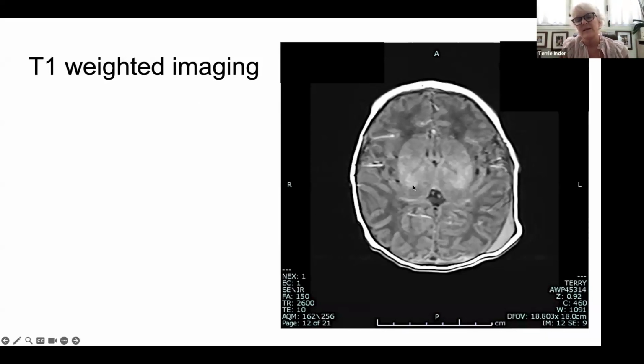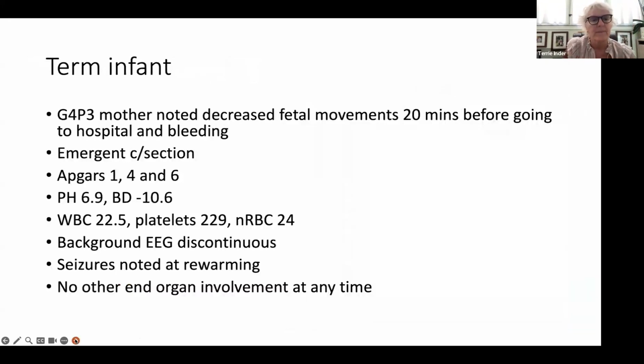And you can see this highlighting a little bit in the thalami and this patchiness in the lentiform bilaterally. This type of abnormality usually takes a couple of days to be present, but already was visible at 20 hours of life. So for us, this gave the information we needed to be able to talk to the parents about prognosis and make decisions with them.